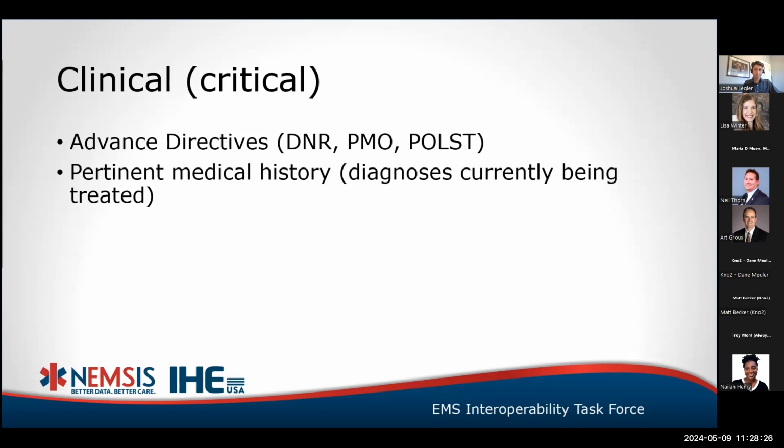Gosh, I'm just curious, how are we determining what's a currently being treated condition? Yeah, good question. As I understand it, the way the standards work, in a continuity of care document, for example, you could have a list of problems that a patient has.